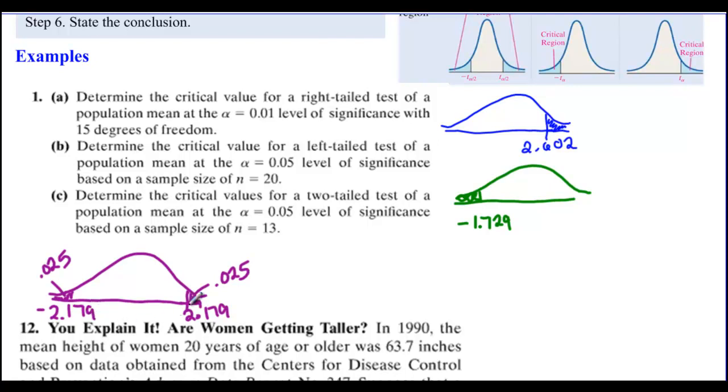So we're going to have two critical values for our two-tailed test. And again, these shaded areas, this is representing our alpha. So for B, this was 0.05. And for A, this was 0.01.